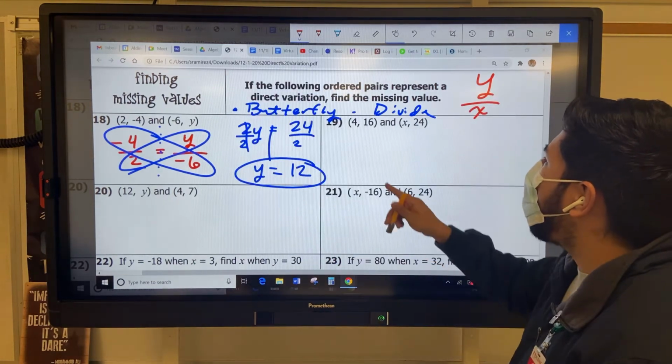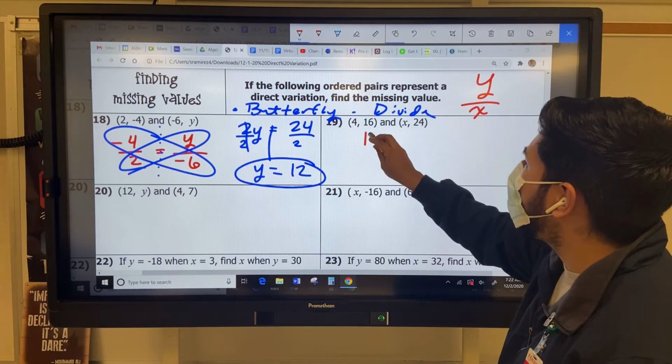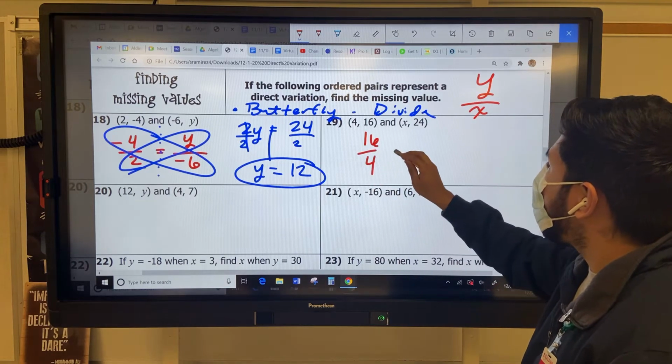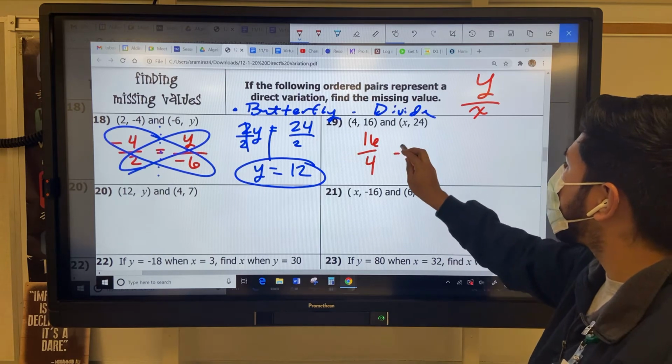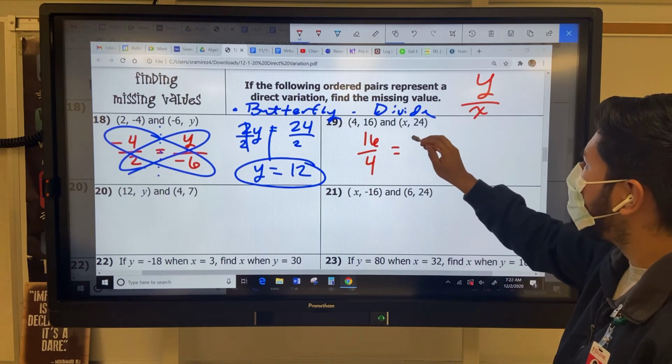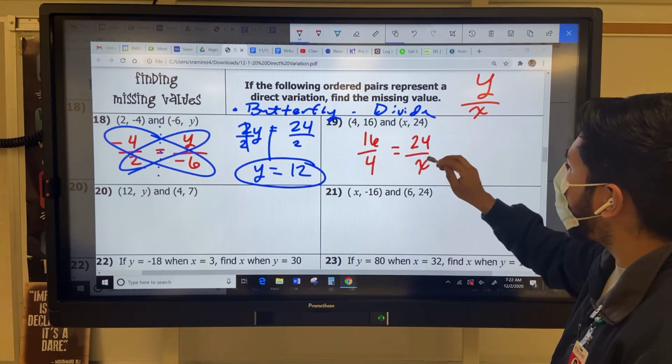Same steps. Y over x, 16 over 4, equals, this one's a little different since the x is missing. So 24 over x.